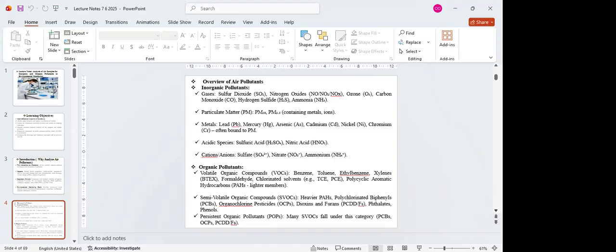While we have the particulate matter, that is the solid, tiny fragments that are designated as capital P, capital M, subscript 2.5 and 10. These materials are most likely contaminated with metals and ions, as the case may be.